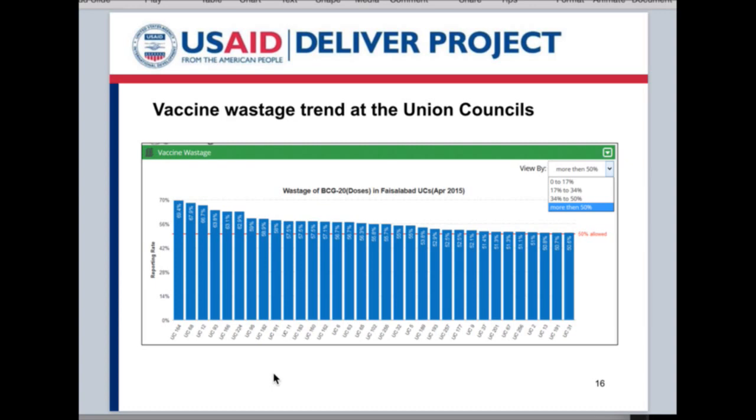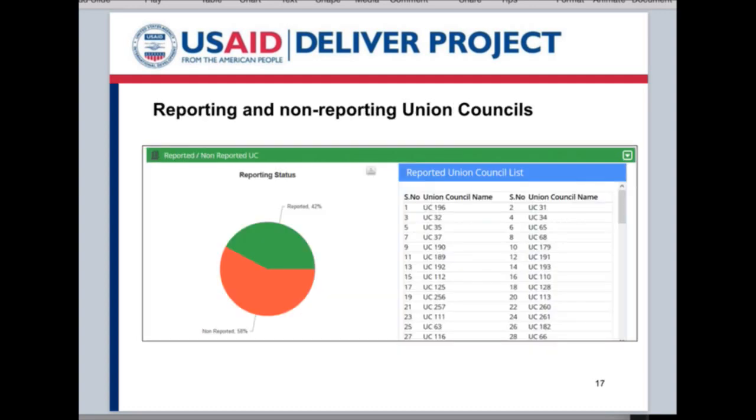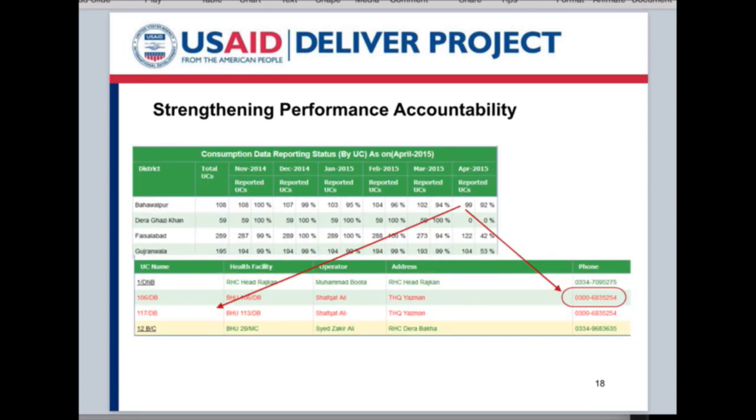Likewise, through different reports on reporting rates and reporting accountability, we can easily track which vaccinator has not reported yet. And there are other reports showing stock outs, understocks, etc.